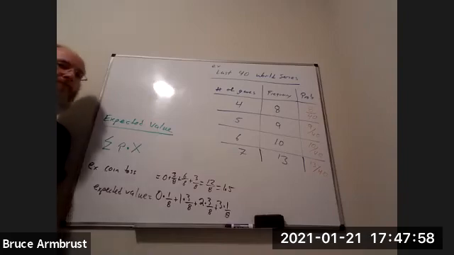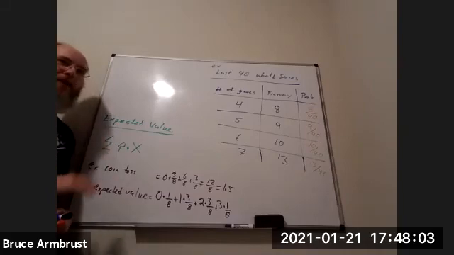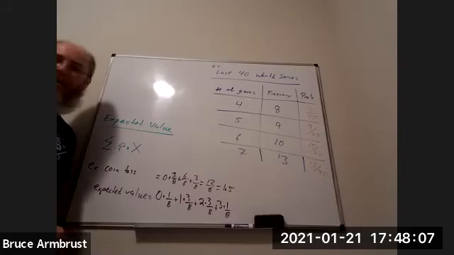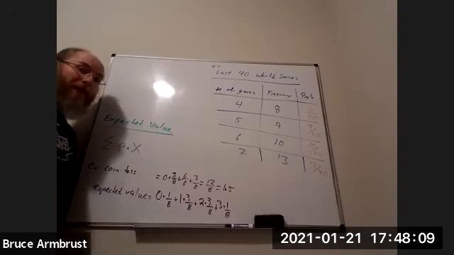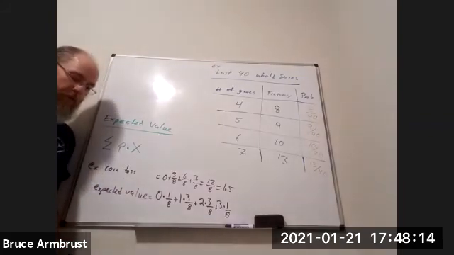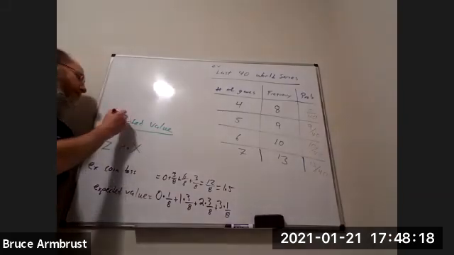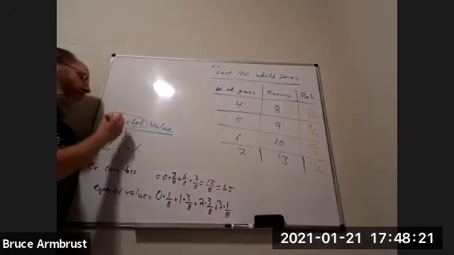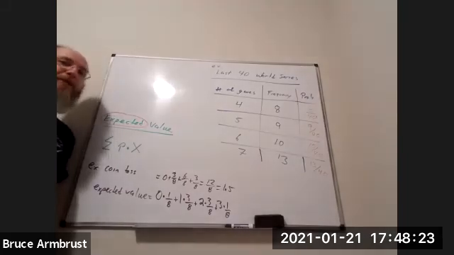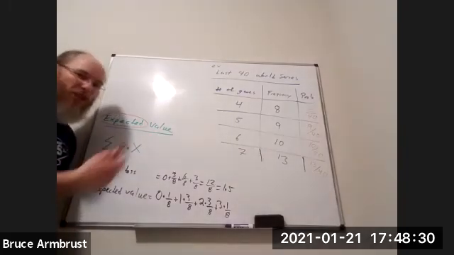So no context to it whatsoever. That's our expected value, 1.5. So what does that mean? It's our expected value. We'll use the name: expected. When you expect something to happen, you're like, oh yeah, that's what should happen.